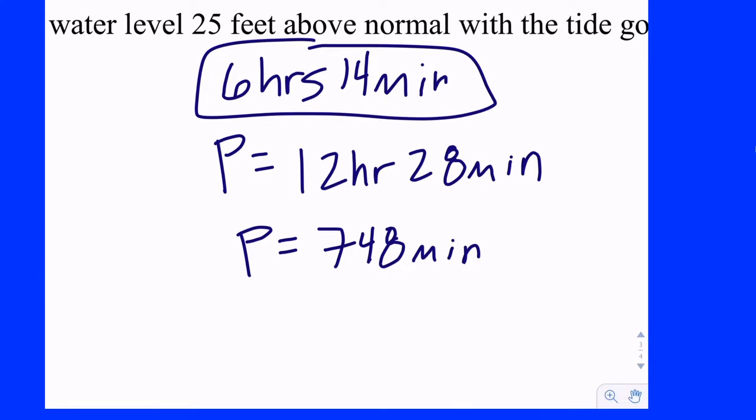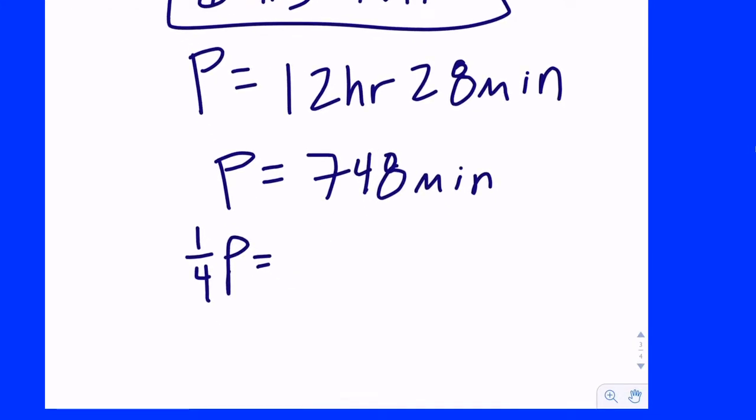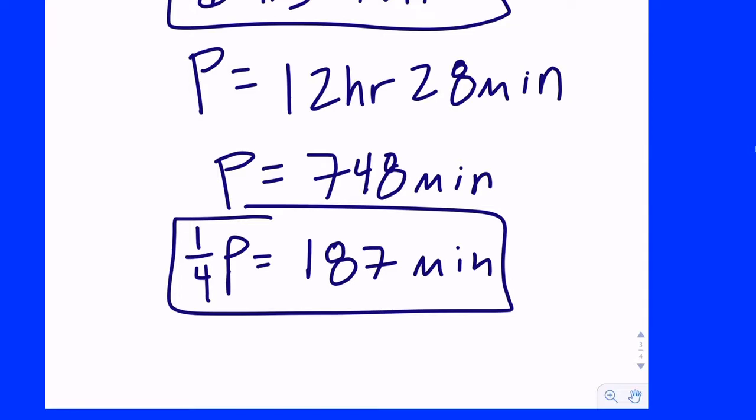So once you figure out the period, we count by what fraction of a cycle every time to a new critical value? A fourth of it. So you can go straight to your critical value number, which is a fourth of the period. 748 divided by 4, does it go in evenly? Yes, 187. So every 187 minutes, we are going to have a new critical value.